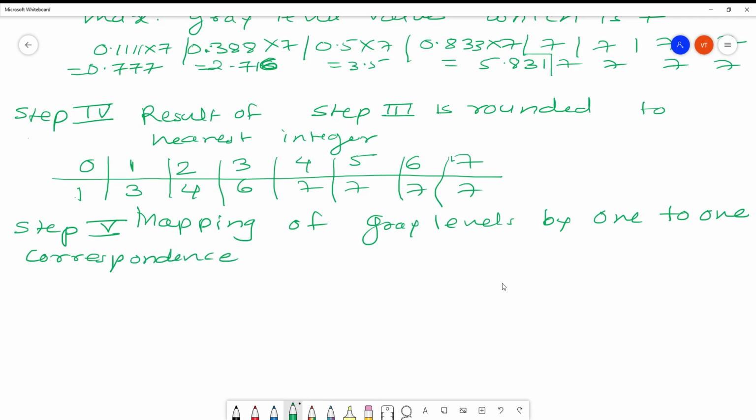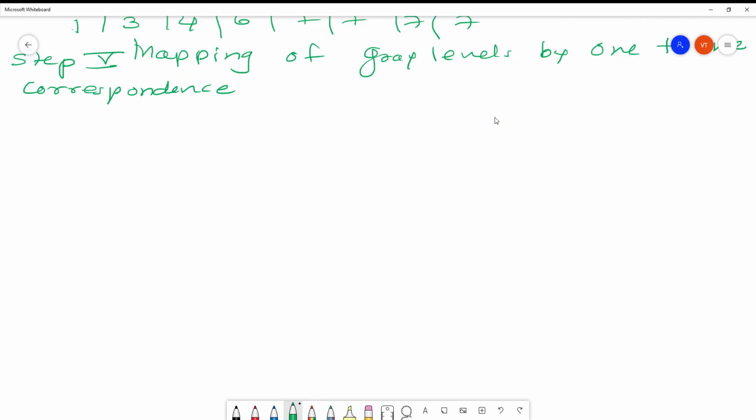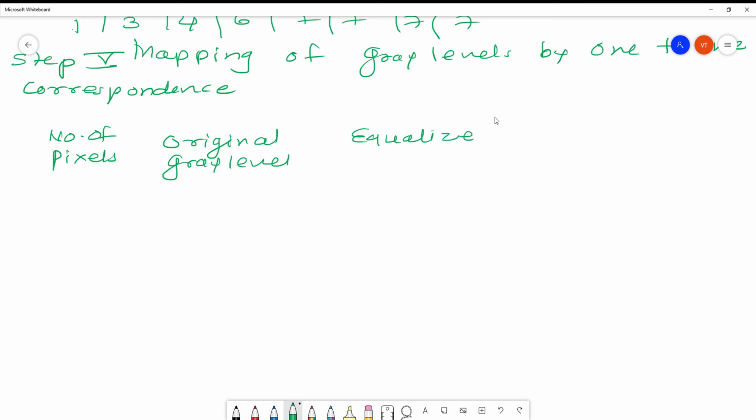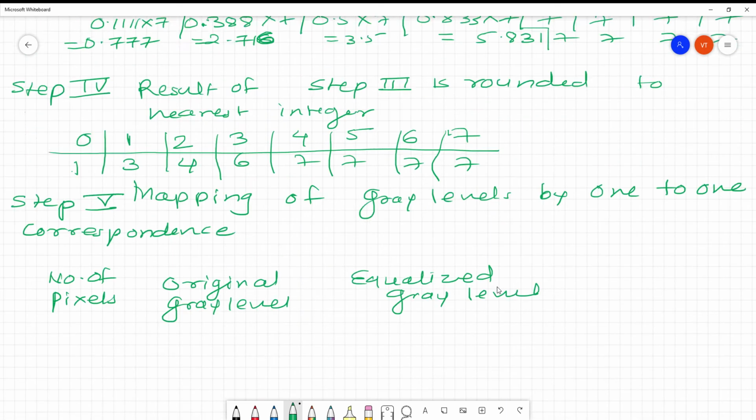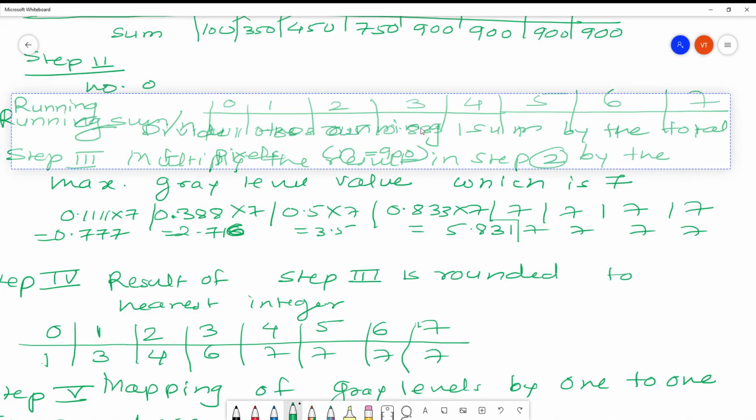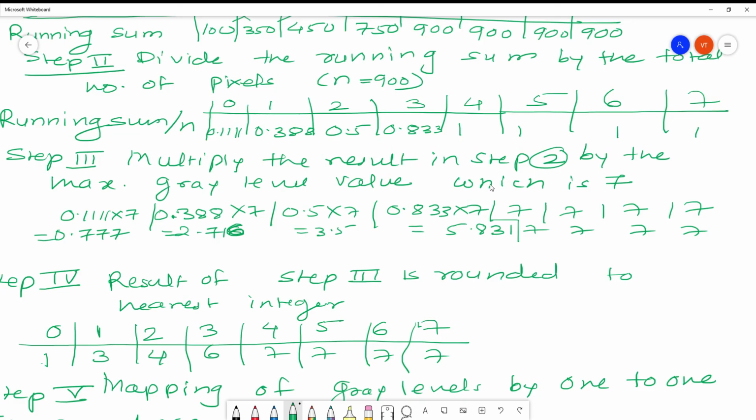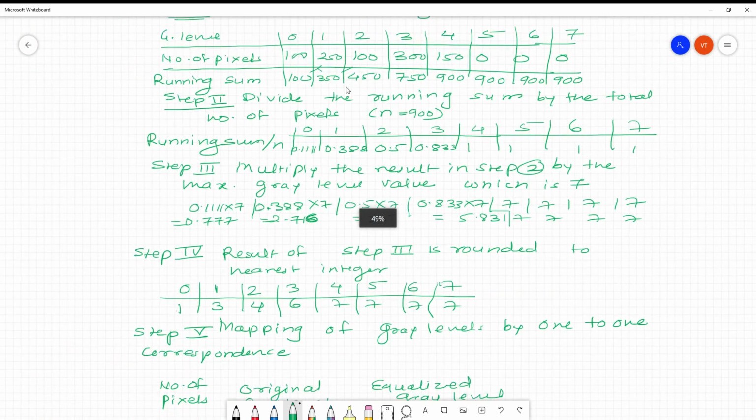We'll write a table: number of pixels, original gray level value and equalized gray level, the corresponding equalized gray level. Number of pixels from the first table, the table which is given in the problem.